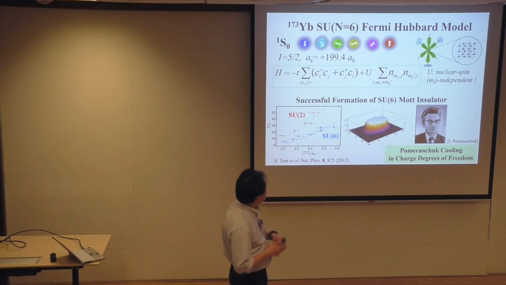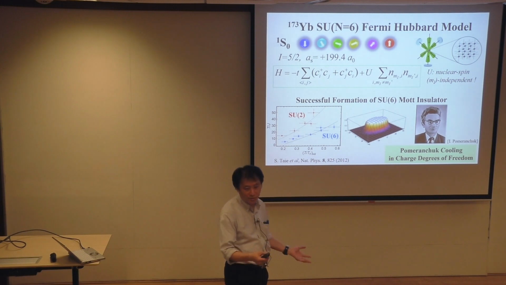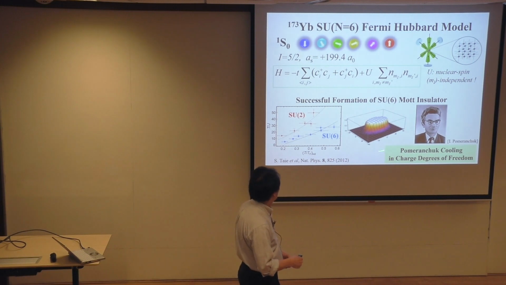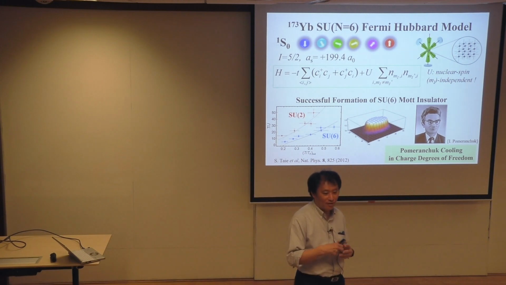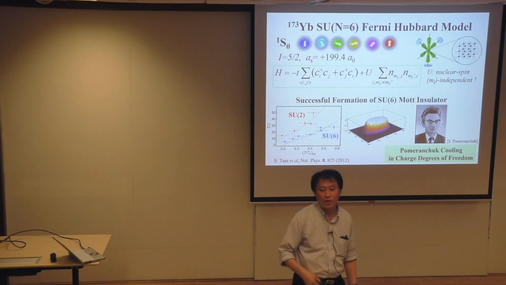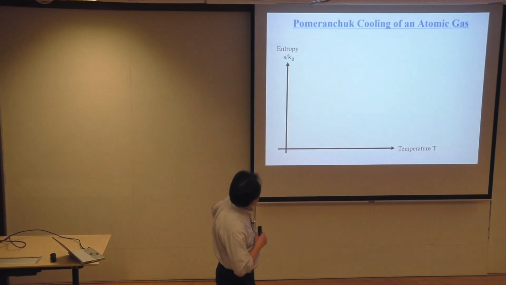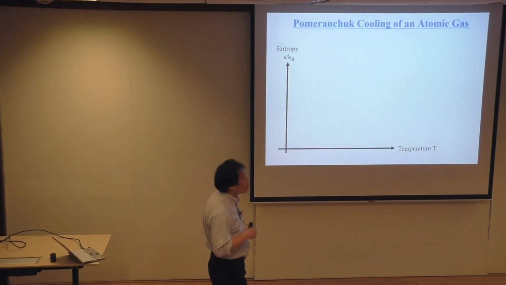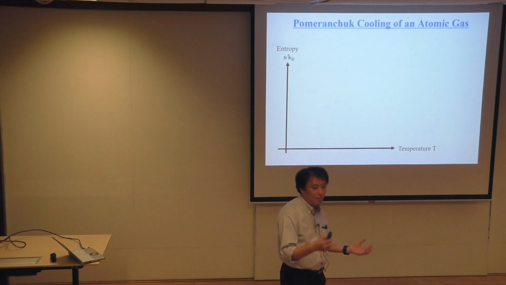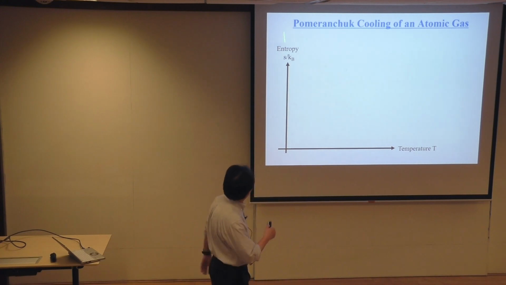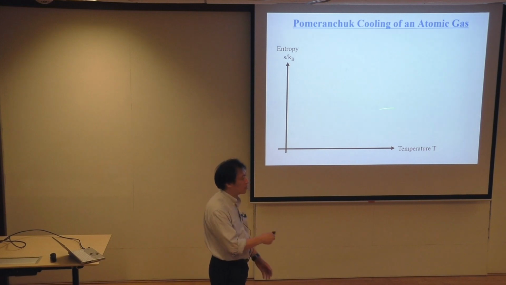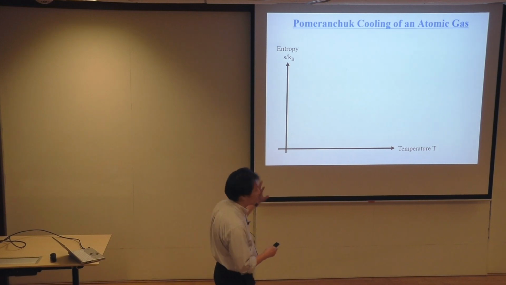But now Pomeranchuk cooling returns to cold atom systems as a novel cooling method for atoms in an optical lattice. This Pomeranchuk cooling effect of an atomic gas can be understood by considering the entropy versus temperature diagram. Let me explain.